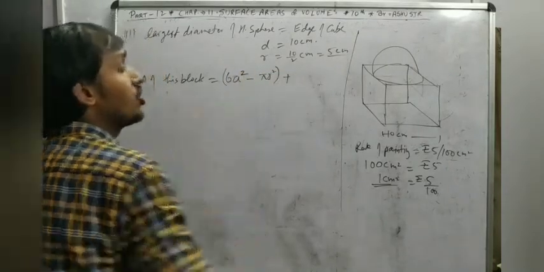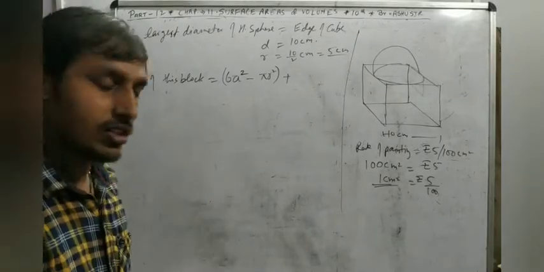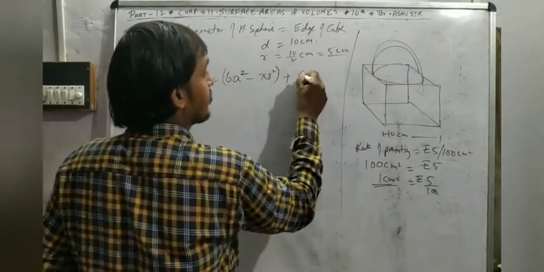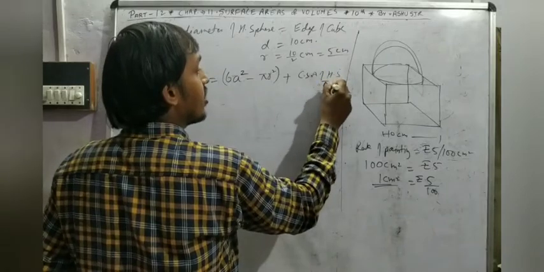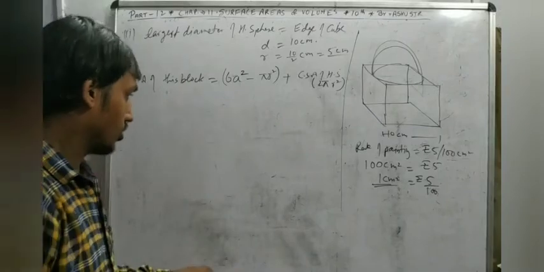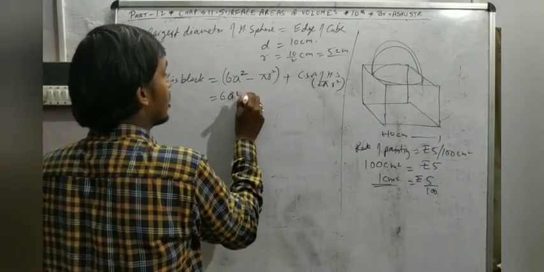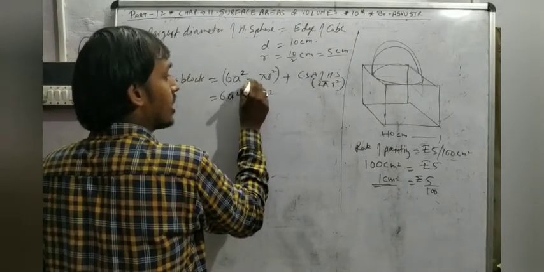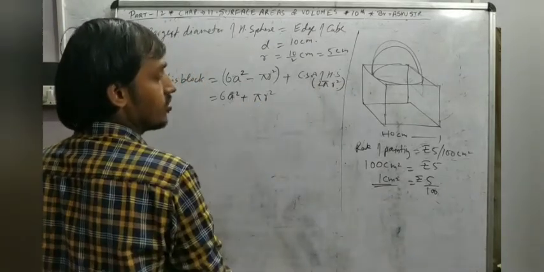That is not part of the surface, and in place of this we get the CSA of the hemisphere, that is 2 pi r square. So open the bracket: 6a square minus pi r square plus 2 pi r square, only pi r square remains.